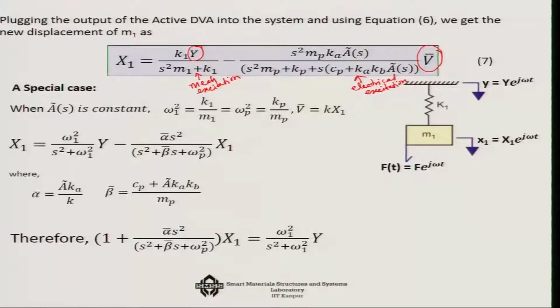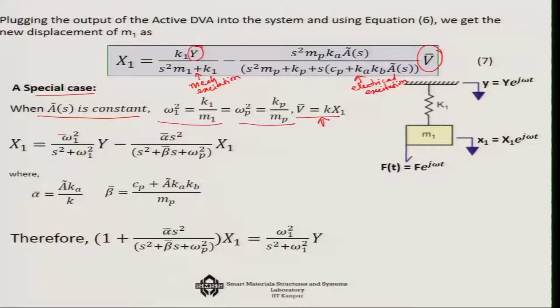Now, let us take the very special case when the admittance A tilde(s) is constant, and let us denote omega 1 square as k1 by m1 and omega p square as kp by mp, and the applied voltage V bar is k x1, proportional. Suppose I put a control law.